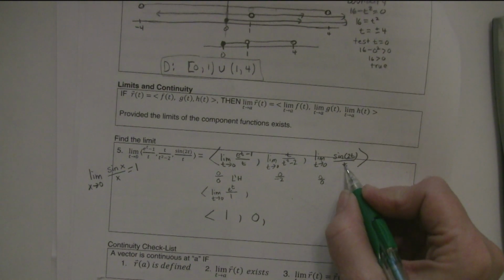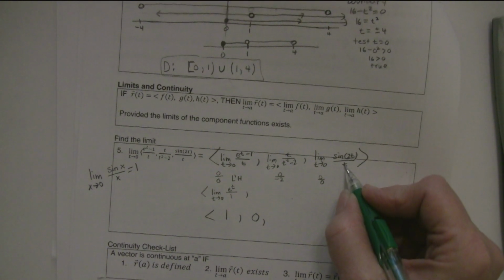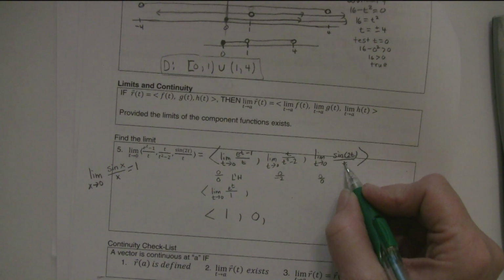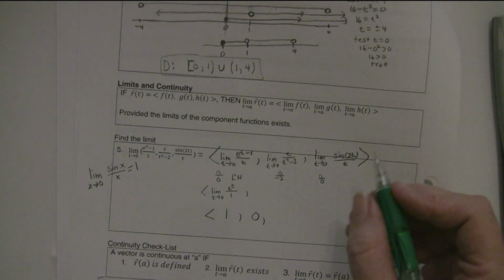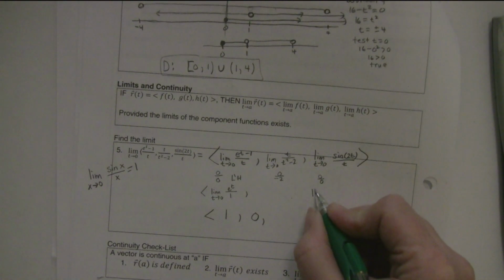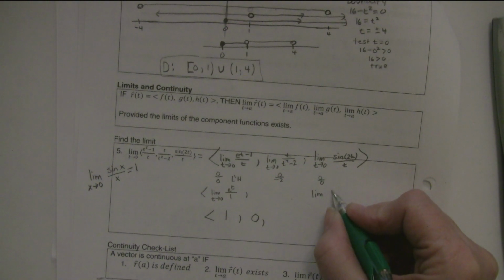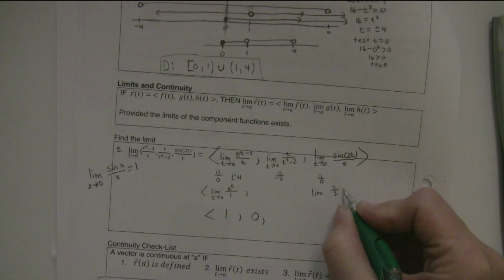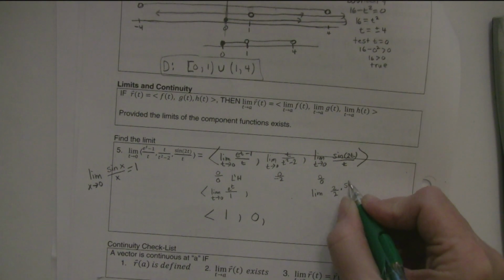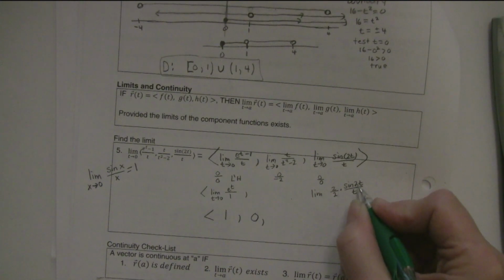So can I change that to a 2t? The answer is, yeah, you definitely could, but you have to multiply by 2 divided by 2. So this would look like the limit as t goes to 0 of 2 over 2 times sine of 2t over t.